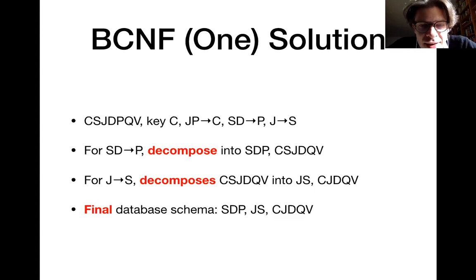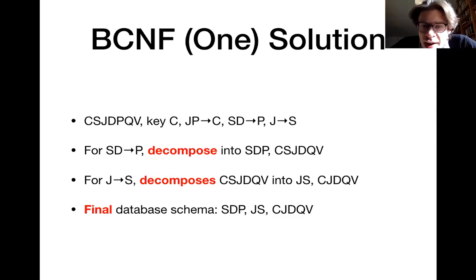So here, after the first decomposition, we end up with two relations, SDP and CSJDQV. When comparing against the functional dependencies, maybe I make that in a little bit more detail. When analyzing the SDP relation, there is only one functional dependency that has its attributes only from that relation, and that is SD implies P, but this one is a key for this relation.